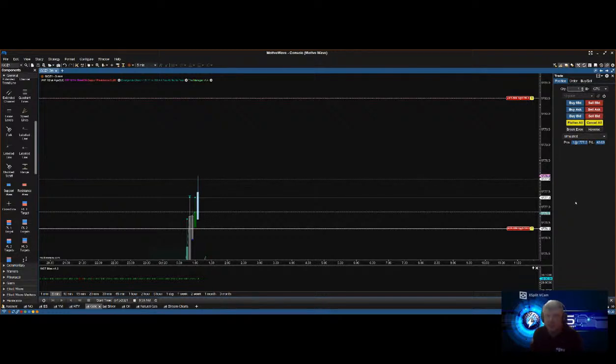Looking pretty good. Double down. I like it. So far, so good. Double the amount of contracts to the downside. Got it.